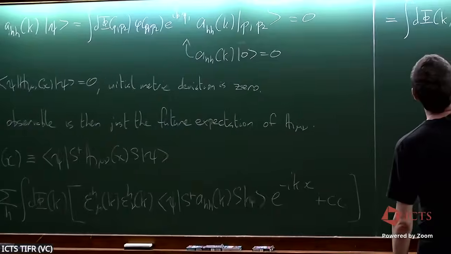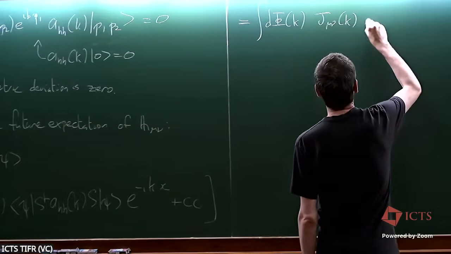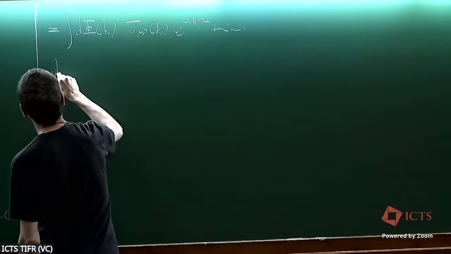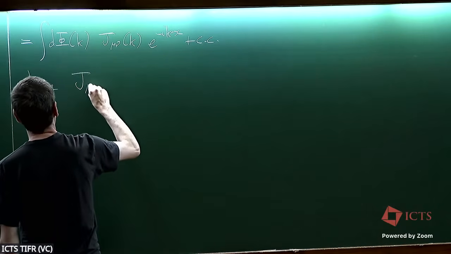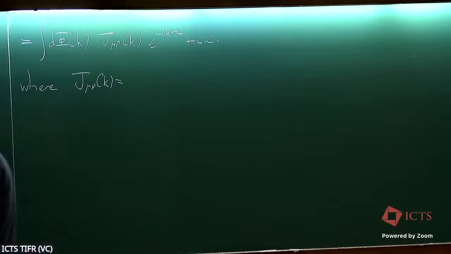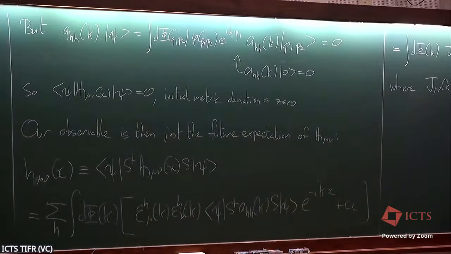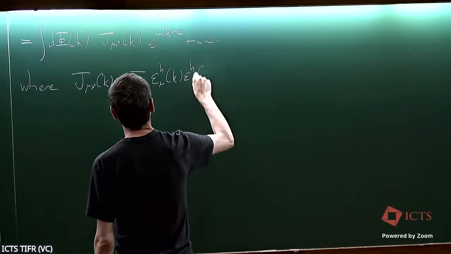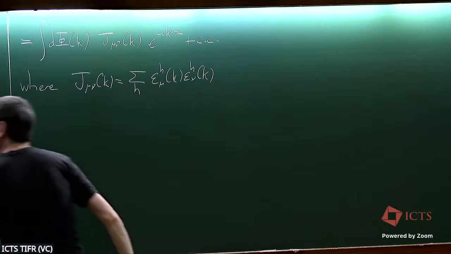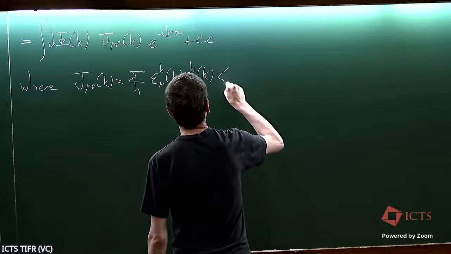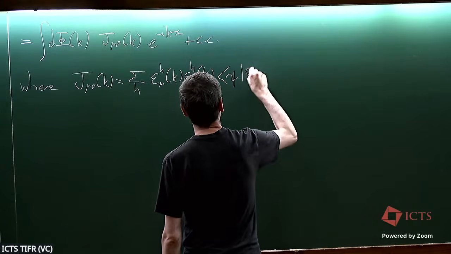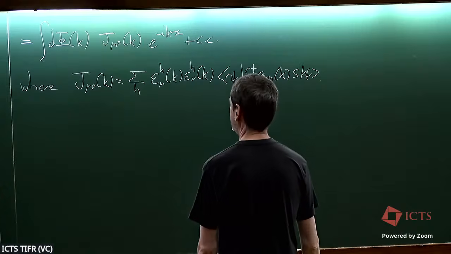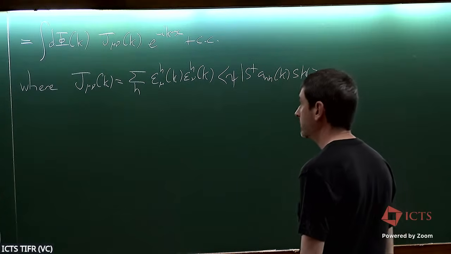So I'll call it an integral of J_μν(k) e^{-ik·x} plus complex conjugate, where J_μν is everything else that's here: the sums on helicity, polarization vector, and this overlap of states and operators.